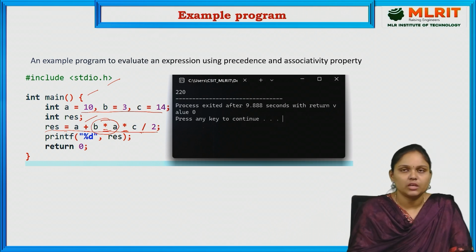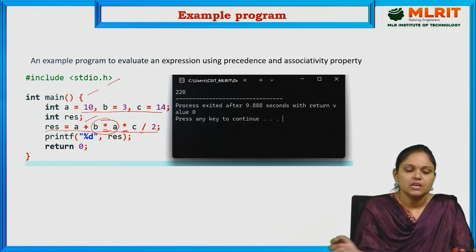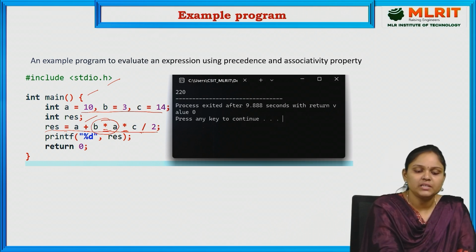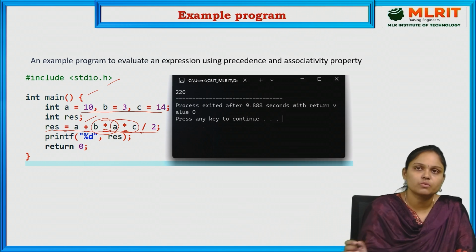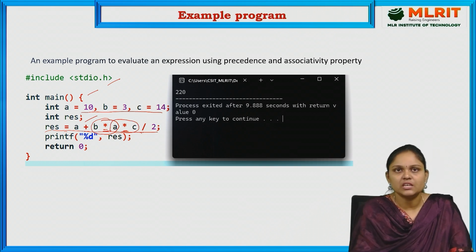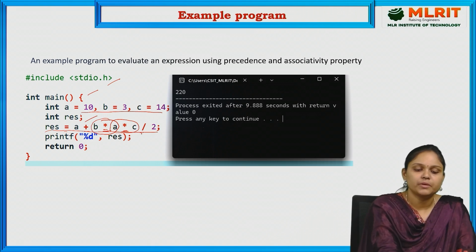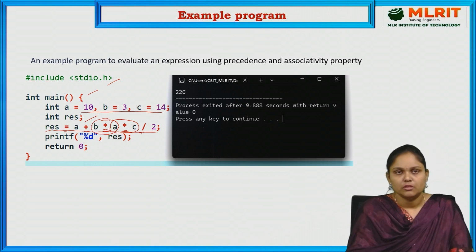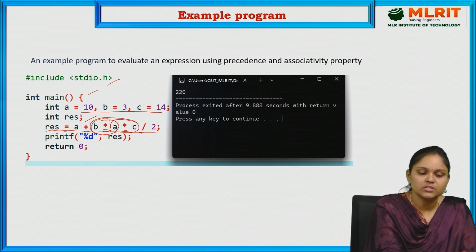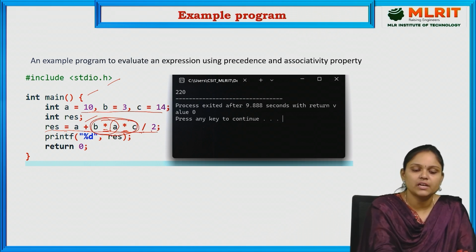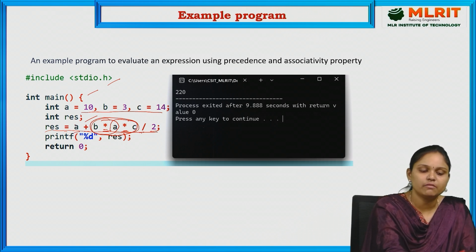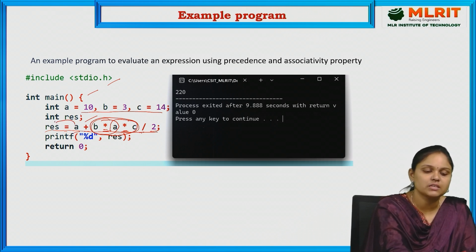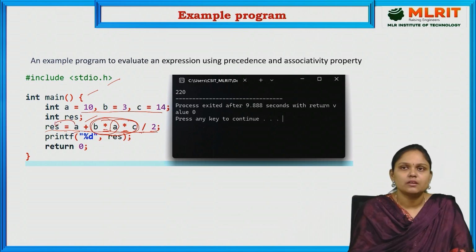So B into A is evaluated first, and then the result is multiplied with C. Next we have the division operator, so whatever value we got from B into A into C will be divided by 2, and then the result will be added to A. Finally, whatever value we get will be assigned to the variable RES.